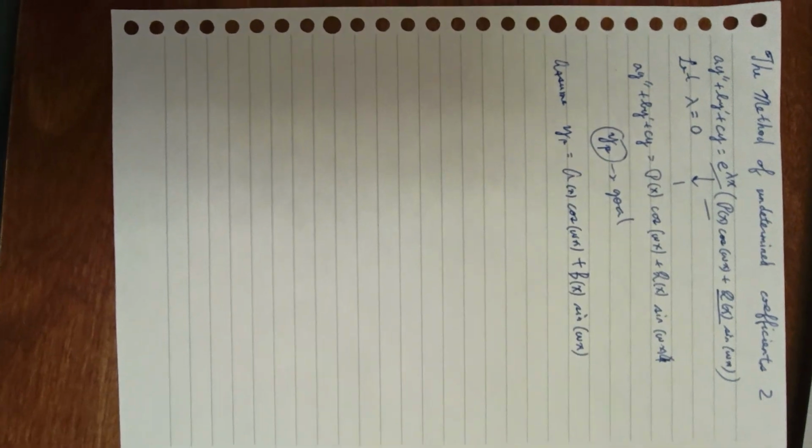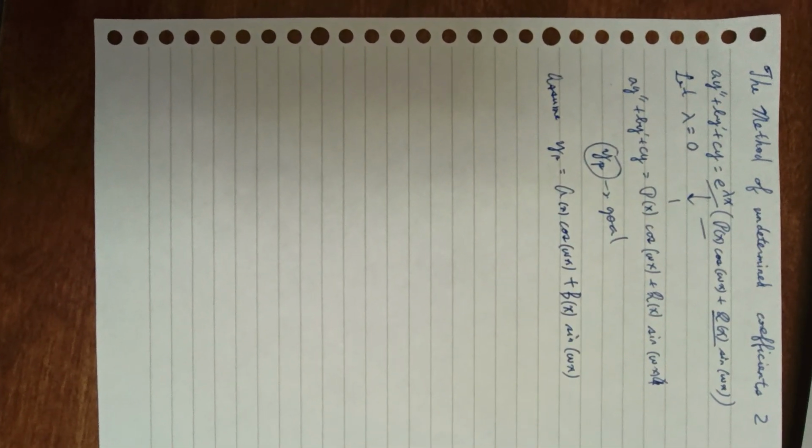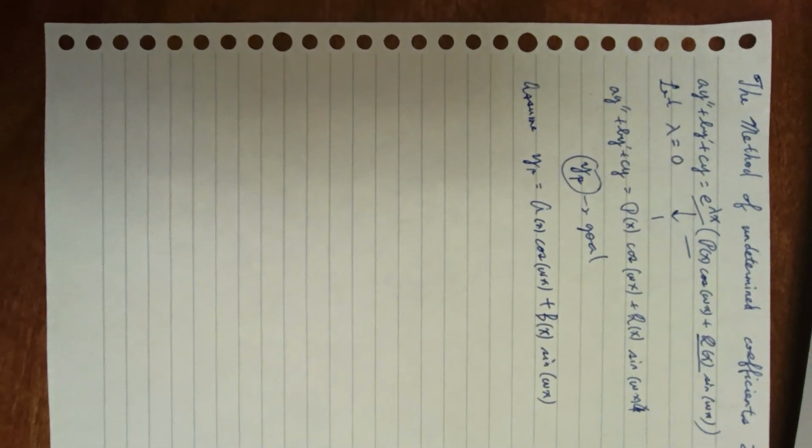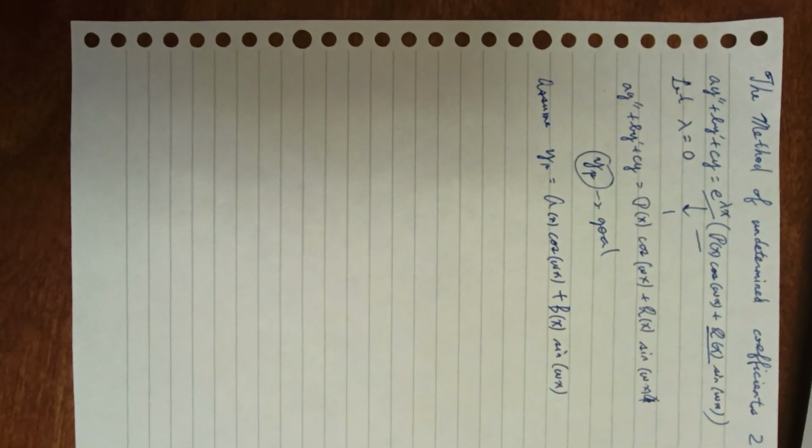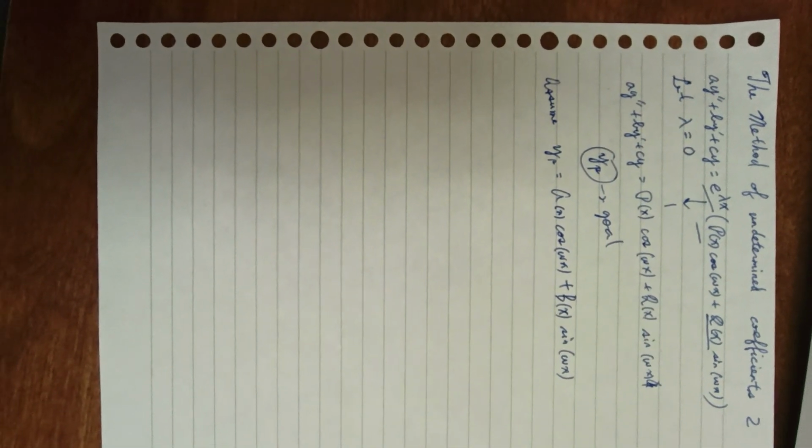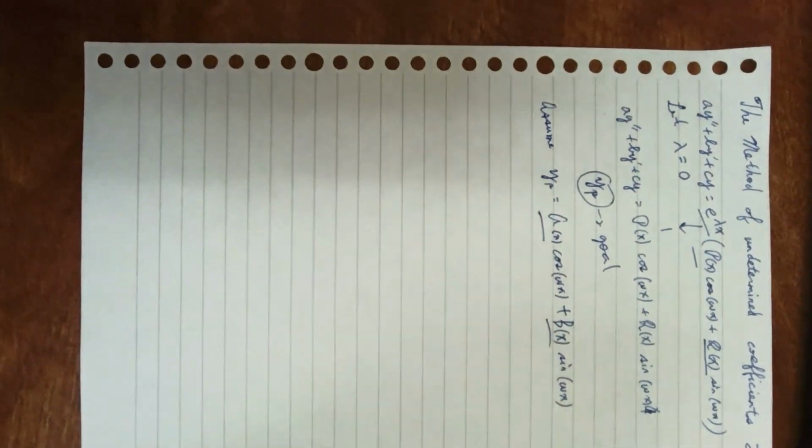Why do we assume it like this? There's a reason we can assume yp in this form, and both A and B are also polynomials of x.